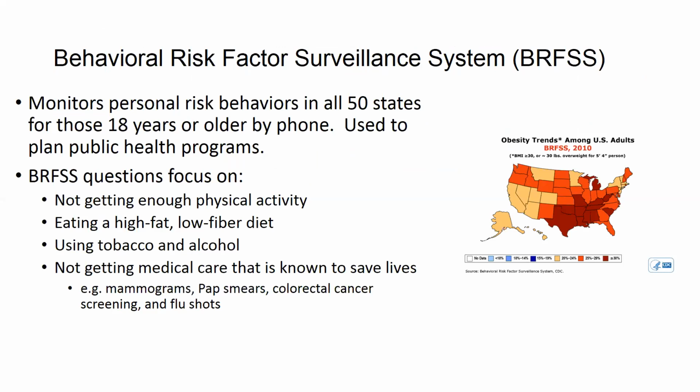They call people and ask them questions, so it is self-reported data, and they use the information to plan public health programs. So the questions are focused on physical activity, diet, habits like tobacco and alcohol use, access to medical care. Are people going in for their mammograms and pap smears and colonoscopies? Do people get flu shots? Anything that would put someone's health at risk.